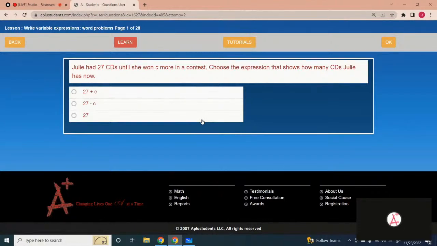It would be 27 plus C. That means you have to add C to 27.